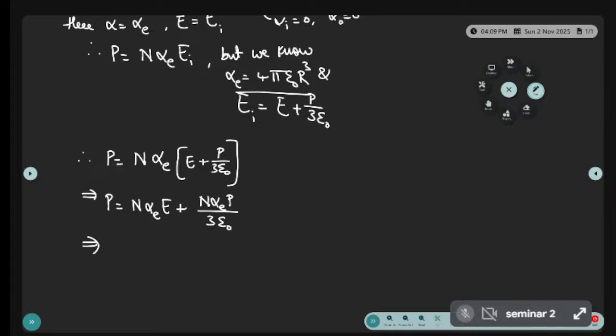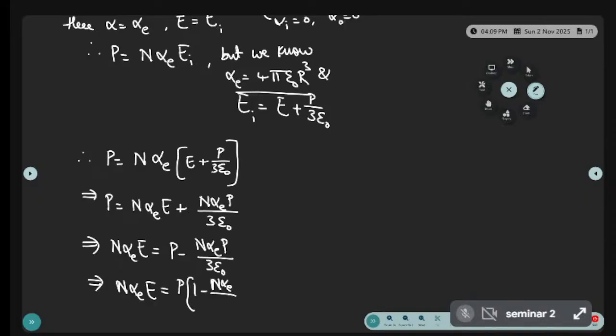Bring the P term to this side. N alpha E is equal to P minus N alpha E P by 3 epsilon naught. So N alpha E into E, what can I take outside? P into 1 minus N alpha E by 3 epsilon naught.